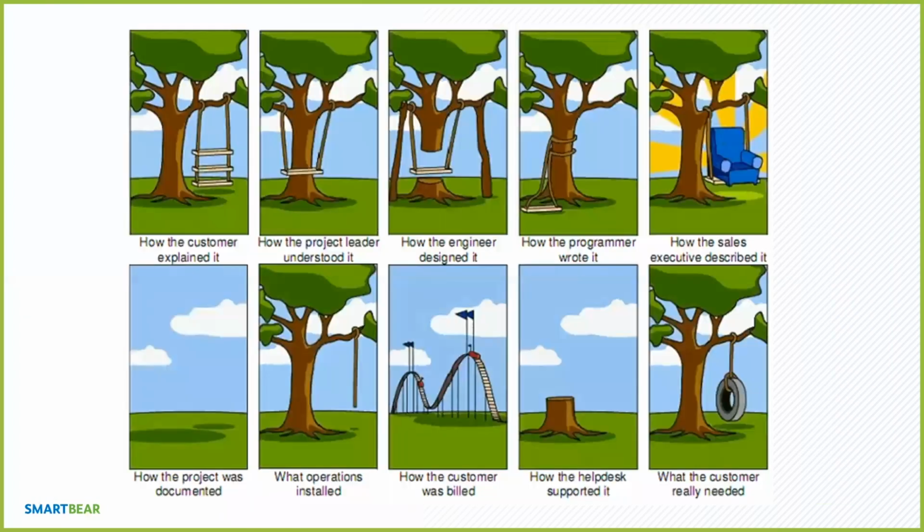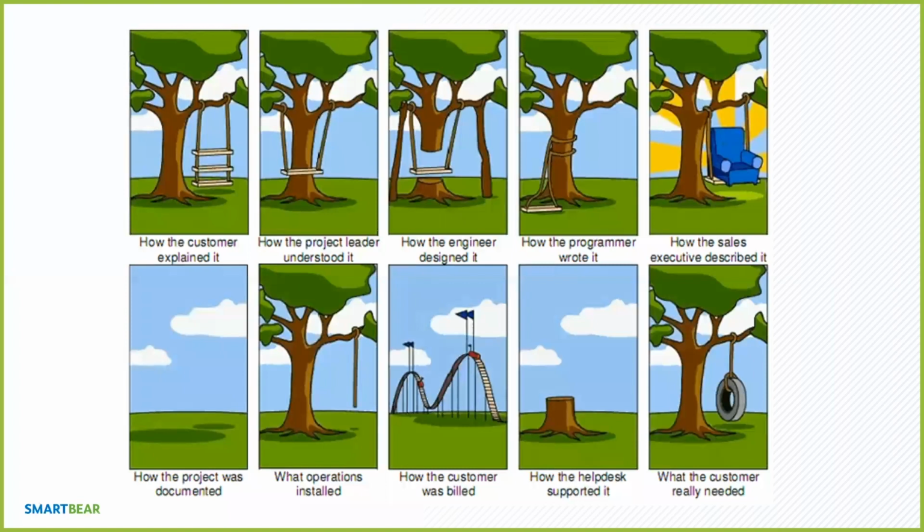I don't know if any of you are familiar with this graphic or this picture, but I feel it encompasses the value of BDD and what it's all about, understanding the user perspective all the way from the beginning. If you look at this, the first image is how a customer explained the swing he or she wanted, and how the project leader understood it.